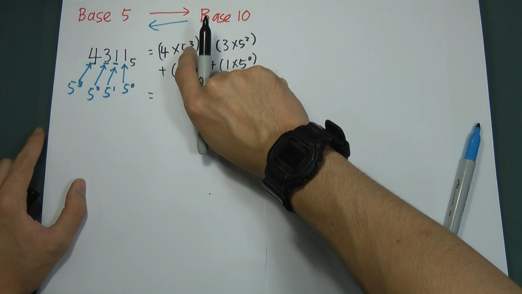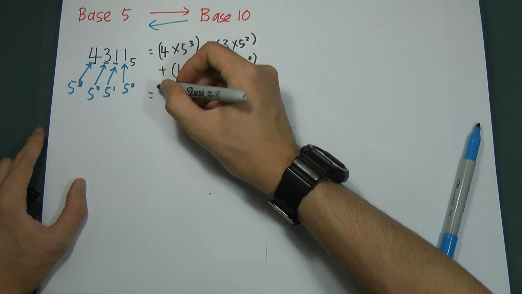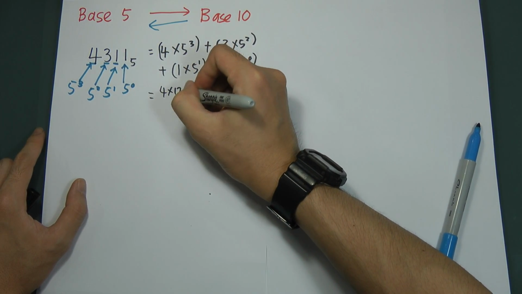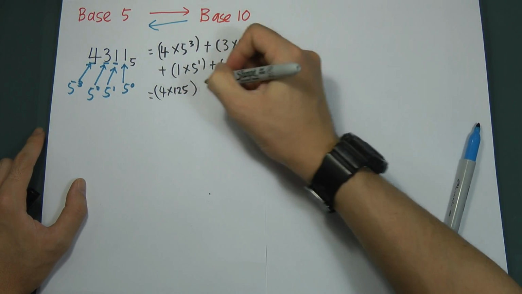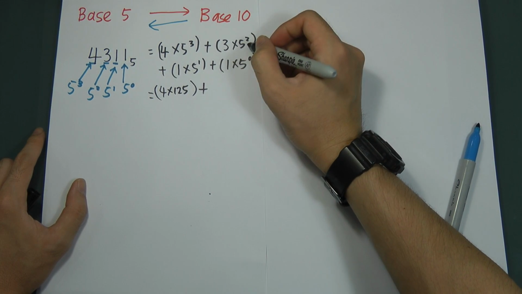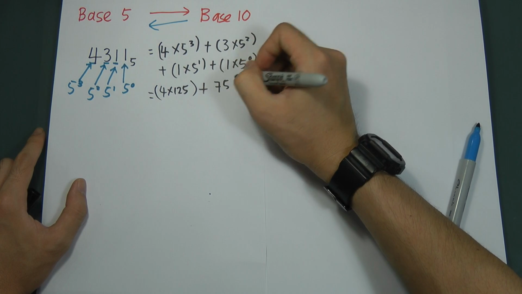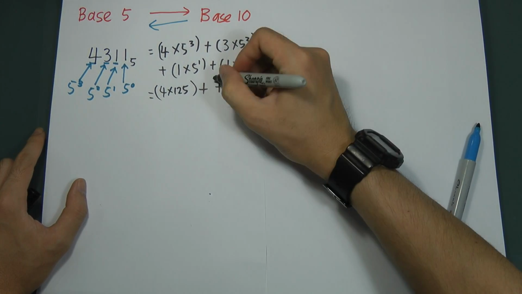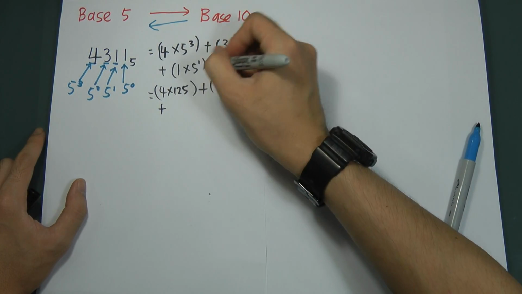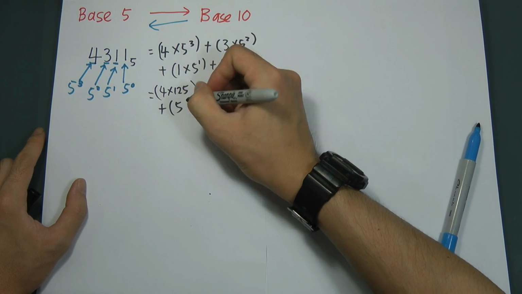So 4 multiplied by 5 power of 3 is 4 multiplied by 125. Plus 3 multiplied by 5 power of 2 is 3 multiplied by 25, which is 75. Plus 1 multiplied by 5 is 5.